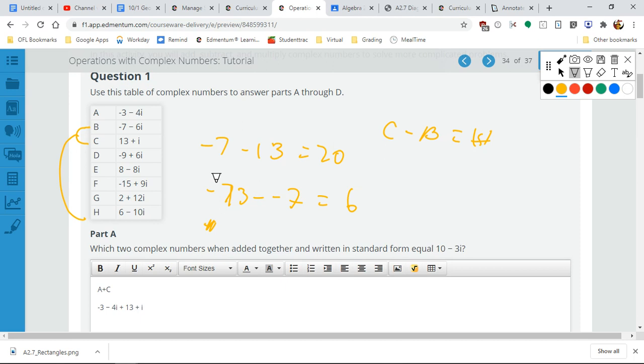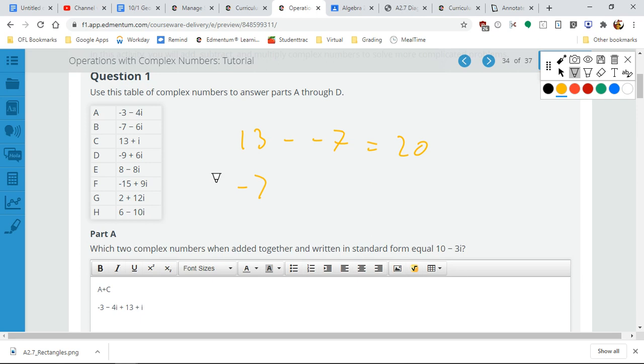C minus B. Oh, wait, no, it has to be negative. No, that doesn't work because this is a positive. Trick me. So 13 minus -7 makes 20. That doesn't work. -7 minus 13 gives me -20. And that won't work either.